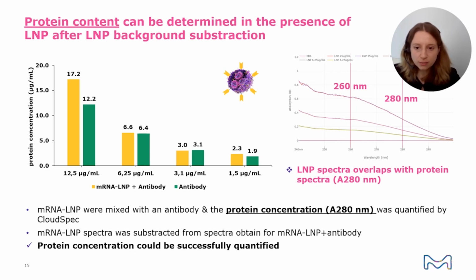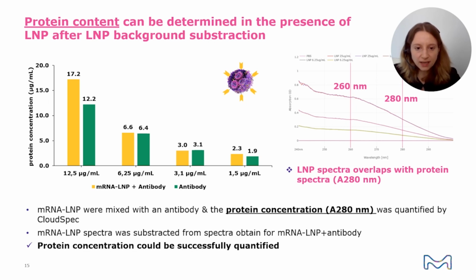When we investigated the spectra at 280 nanometer, shown on the graph on the right, we saw that the LNP spectra itself had also an interference. There was quite a huge signal from the LNP at 280 nanometer. Therefore, we decided to subtract the LNP spectra of the naked LNP from the LNP spectra in the presence of the antibody. And by doing this, we could then quantify the antibody.